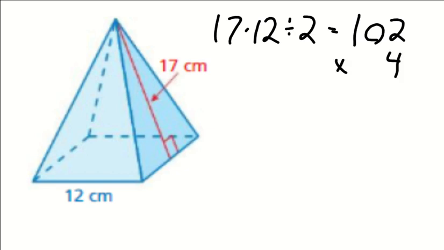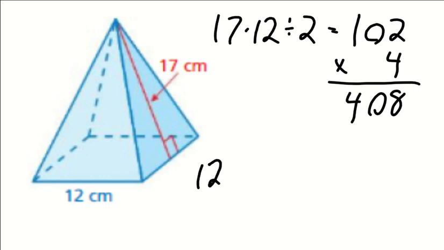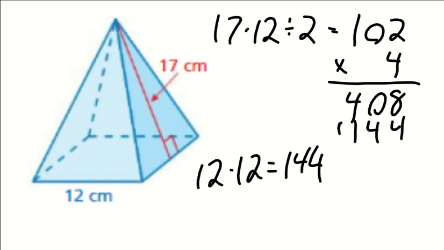So we go times 4. That might be what you forgot, I think. So times 4 for the 4 triangles, that gives you 408. Our square, what's the base and height on our square? 12, so we got 12 times 12, that's 144. So when we add them together, that gives us that 552.